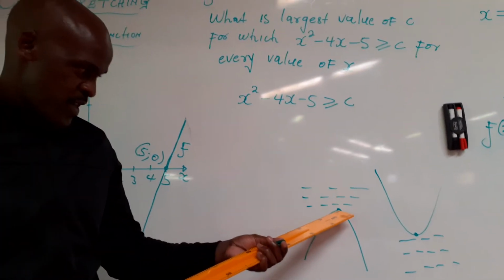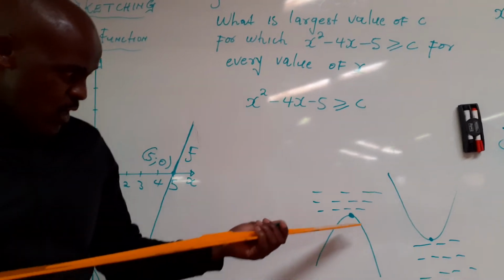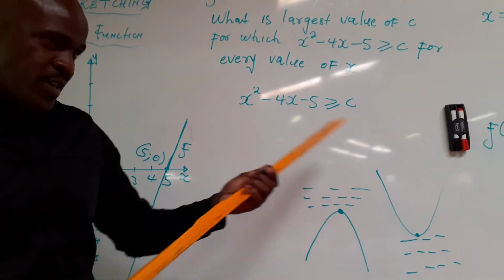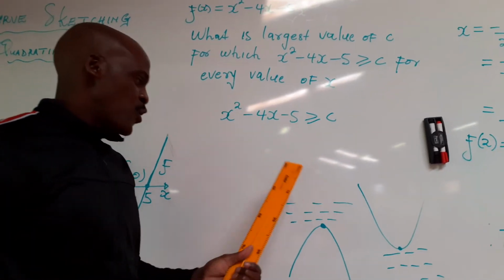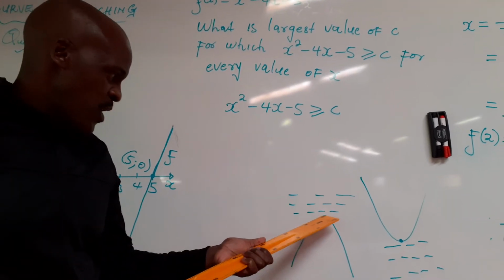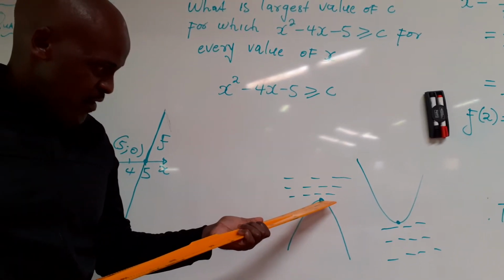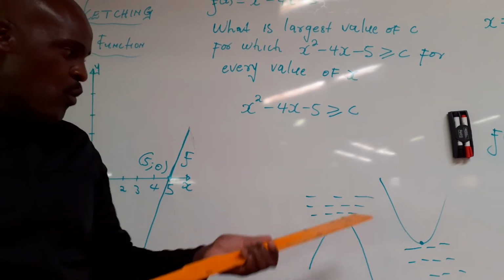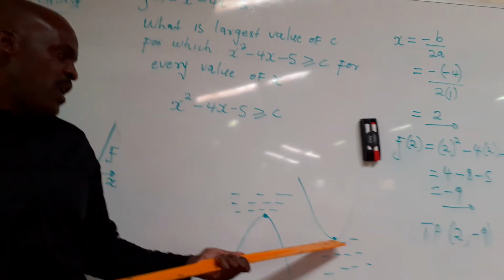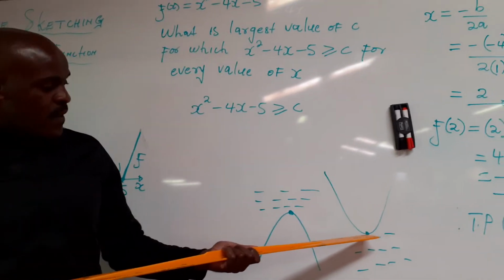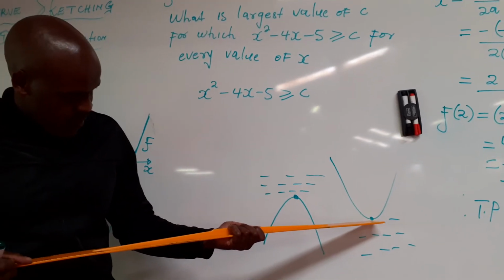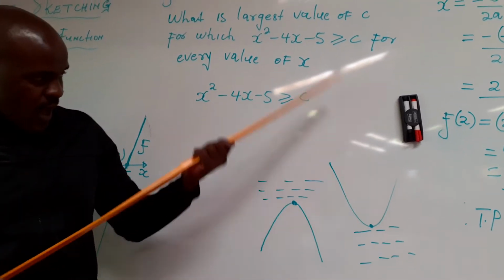It is only from the turning point downward. Once you go up, it is not existing. In other words, for your graph to exist, it has to be equal to that value at the turning point or below. Here, concave up, it has to be at that value at the turning point or above.